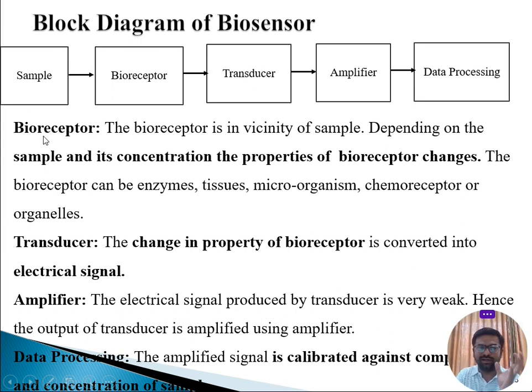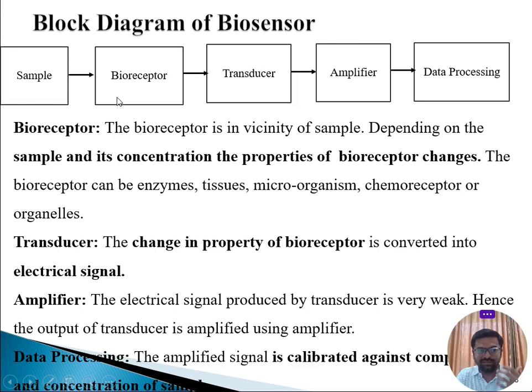Next, what exactly is a bioreceptor? A bioreceptor consists of different elements like tissues, organelles, microorganisms or enzymes, which, when they come in the vicinity of a sample, produce a chemical reaction.